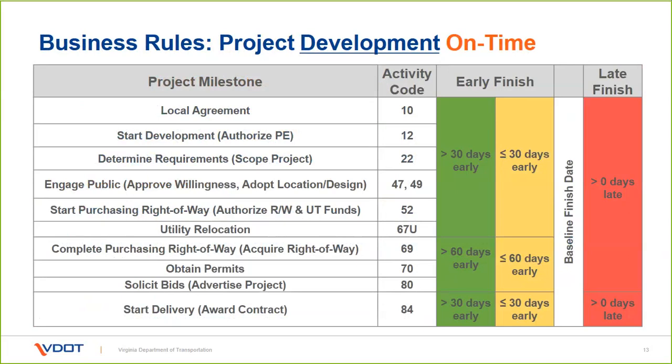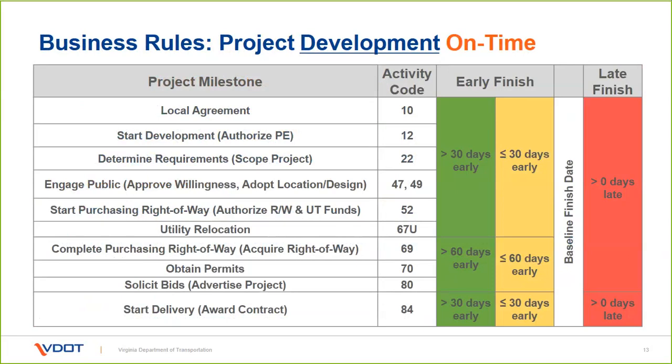The way this works is that as long as you're early, or outside of 30 days early, and on a few activities 60 days, you're green. Then when you get inside that 30 or 60-day window, the project is considered yellow. We use yellow as kind of a warning track. It's an indicator that there is an activity coming due in the next 30 or 60 days, and that if things aren't happening, they need to be happening.